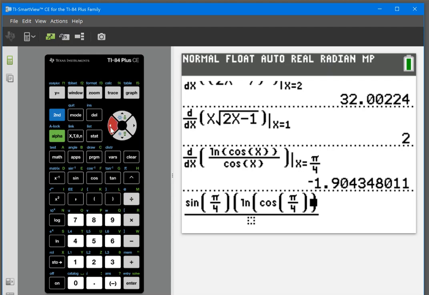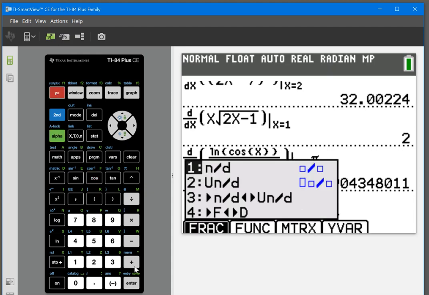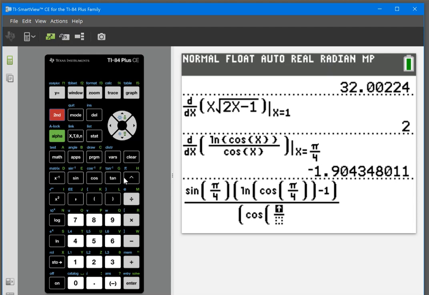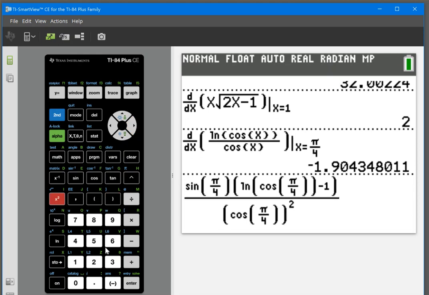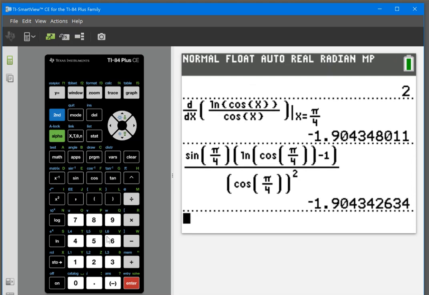Oops, I got to do minus 1 inside there. Like that. Oh, I need a parentheses at the end here. So I'm going to insert a parentheses. There we go. Yeah, that's what it was. And then it's going to be parentheses cosine of pi over 4. I hope I typed this in right and I remember it from my work. Parentheses squared. Now if I hit enter, I should end up with the same, there it is, right?